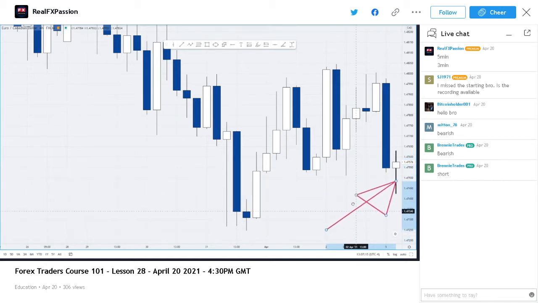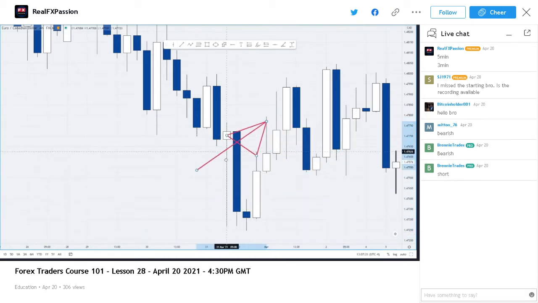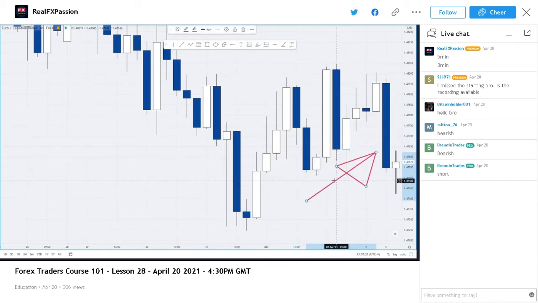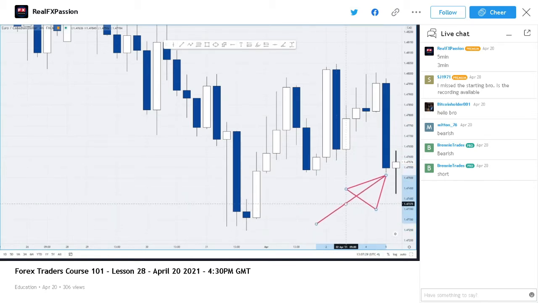Which one is winning? Everyone, this is where we as beginner traders get confused, and here is where we get scared. Why? Because I have a bullish signal, not that strong yet, but I'm seeing this bearish engulfing candle.